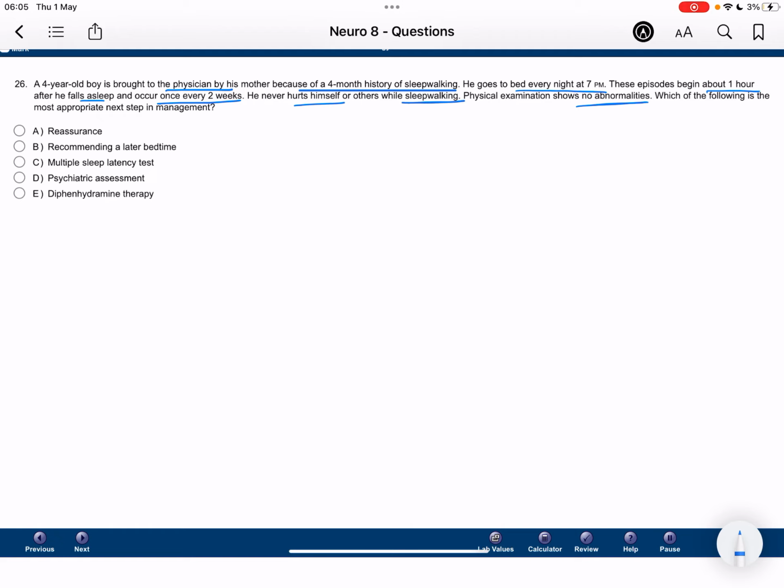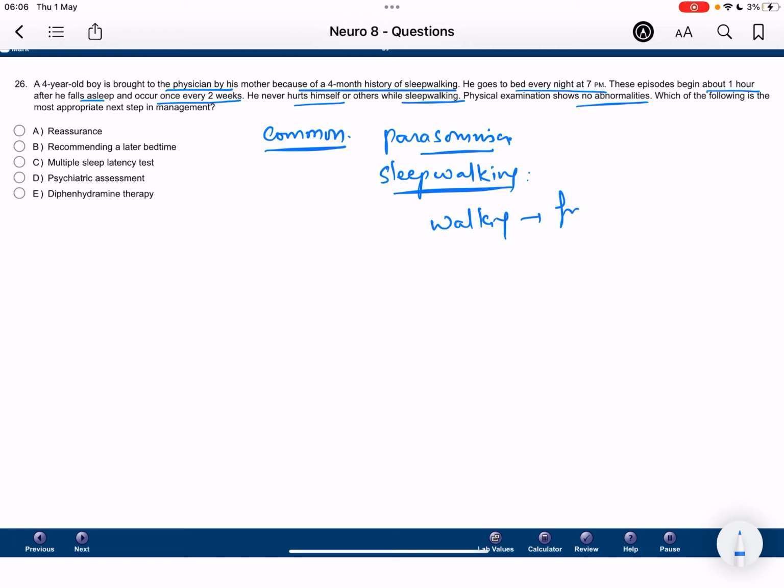Whenever there is sleepwalking in a child, that is a normal or common condition. We call it parasomnia. Usually, the sleepwalking in children can vary from just walking to frequent running.